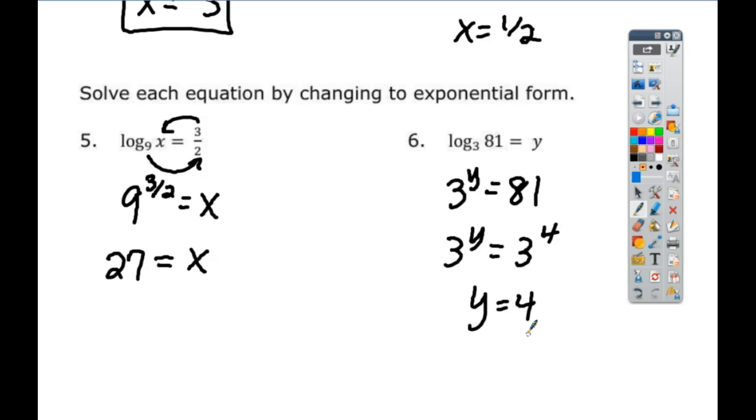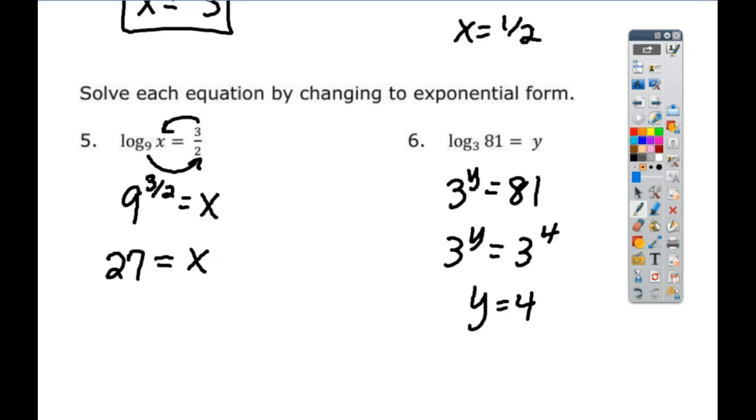Well, type it in your calculator. Come and get your calculators, all of you. Type that in your calculator.